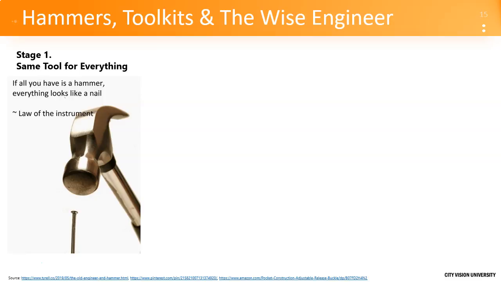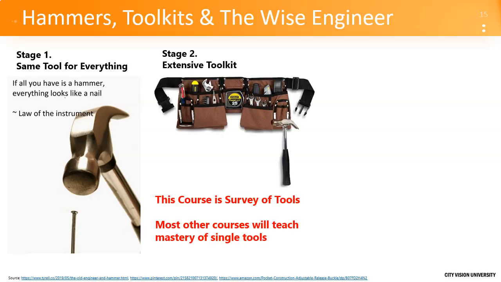So what we're trying to do is to get you to move from that to having an extensive toolkit. This course is really a survey of opening up the toolbox, showing you all the tools, but then each individual course is going to be generating mastery over that tool. So you become a master of using the hammer and the screwdriver and the wrench.